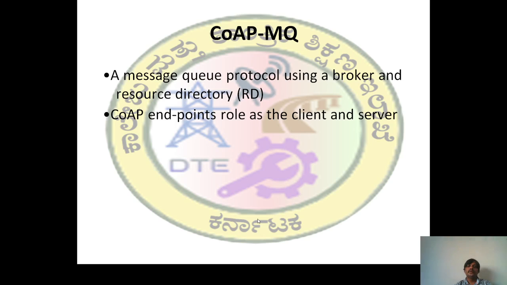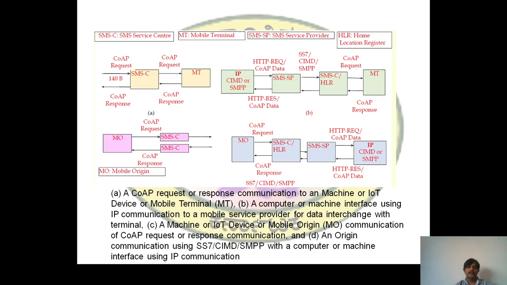A message queue protocol is a broker and resource directory. So the first figure is for a COAP request or response communication to a machine or IoT device or mobile terminal.